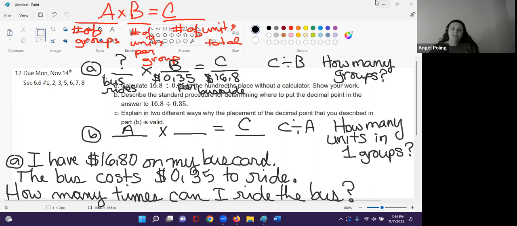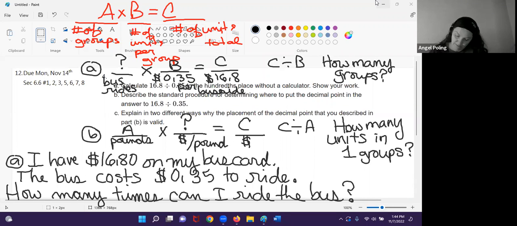But this time I'm going to use like pounds maybe in money, right? Because pounds we can have a decimal amount of, and money we can have a decimal amount of. So on B, I'm going to ask like how much money per pound style of question.